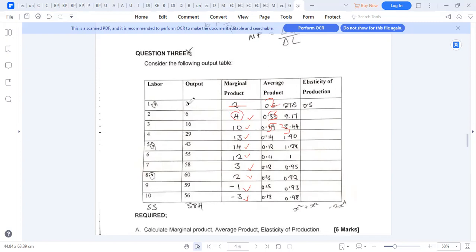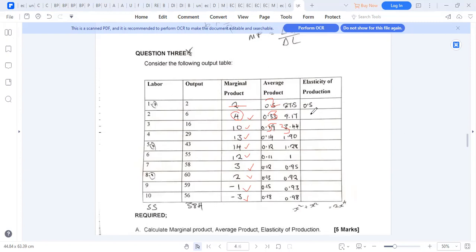What is 6 minus 2? 4. Divided by 2? 2. What is 2 minus 1? 1. Divided by 1 is 1.